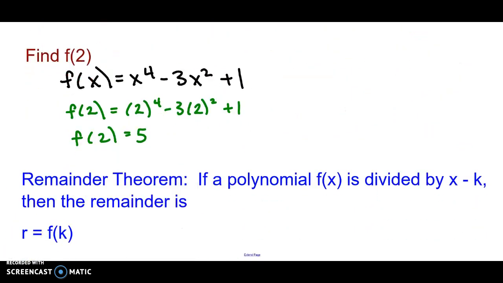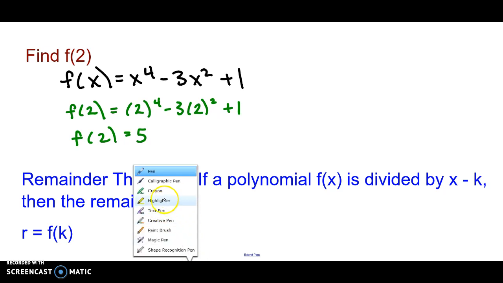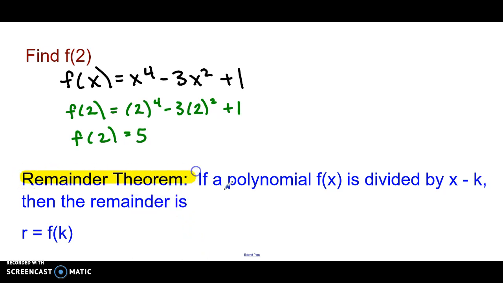Okay, so our remainder theorem says if a polynomial f of x is divided by x minus k, then the remainder equals f of k. So for example, we just divided by x minus 2. So f of 2 was equal to the remainder, which was 5.